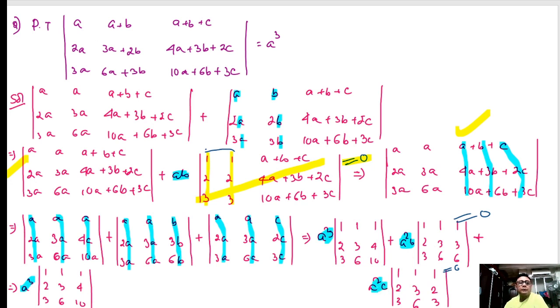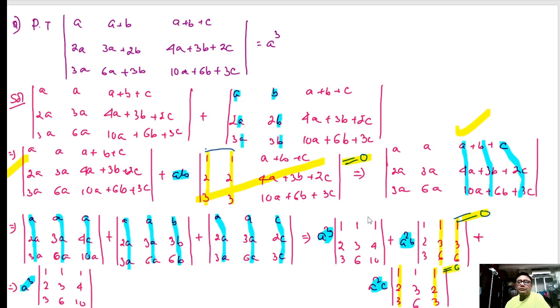Now please watch one thing. In this, we are getting 1 3 6, 1 3 6, two columns same, so the determinant is 0. Similarly, we are getting 1 2 3 and 1 2 3, column same, so the determinant is 0.